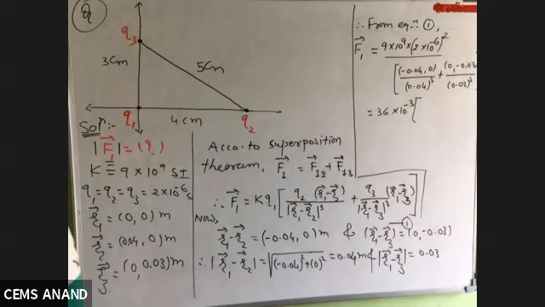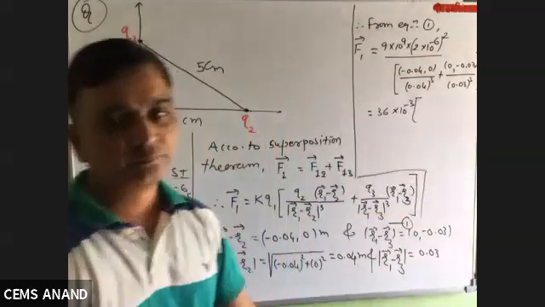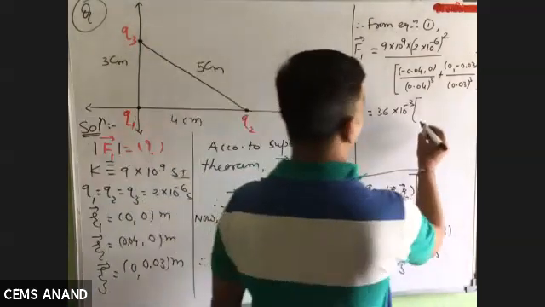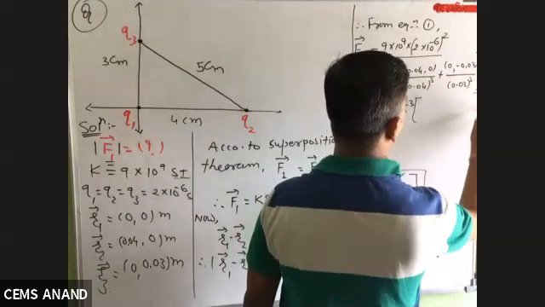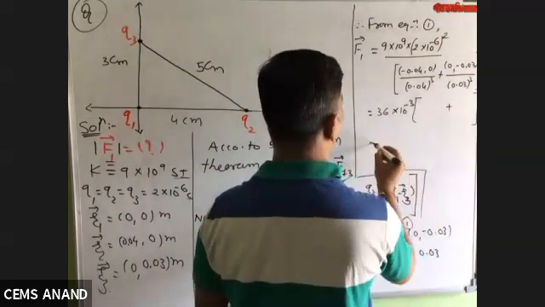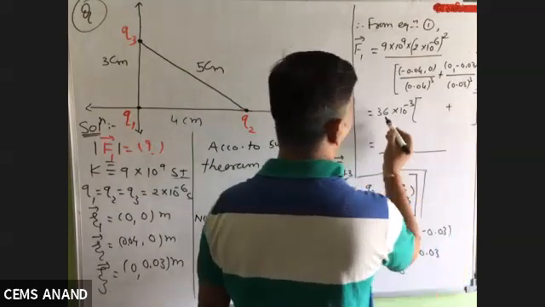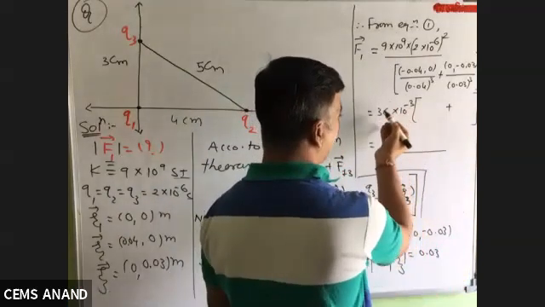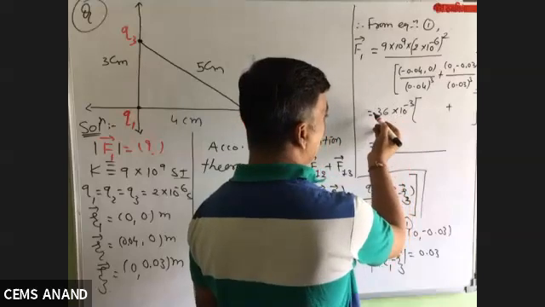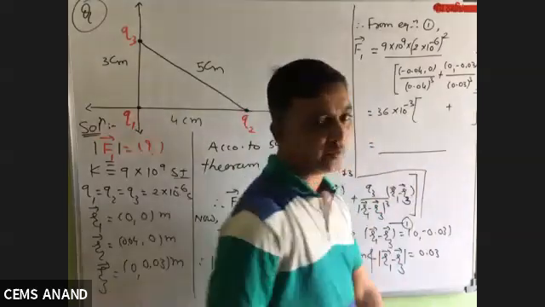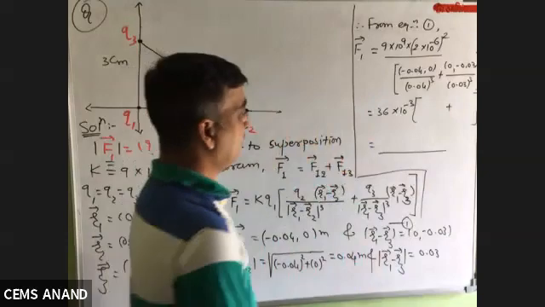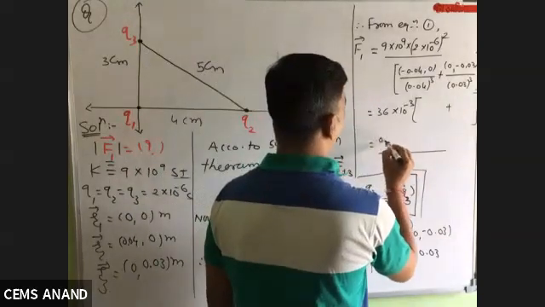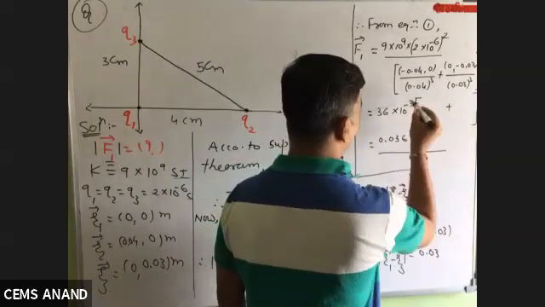And do it for the second part also. And then multiply. Even if it is not possible, then go for this minus 3. That means 0.036. You can write it like that.